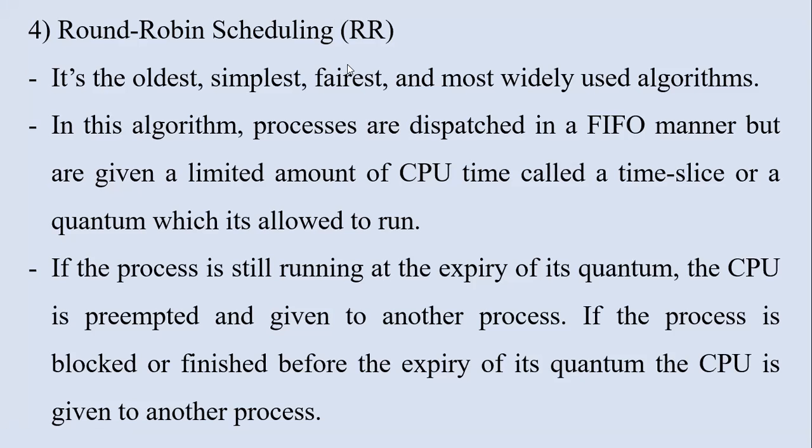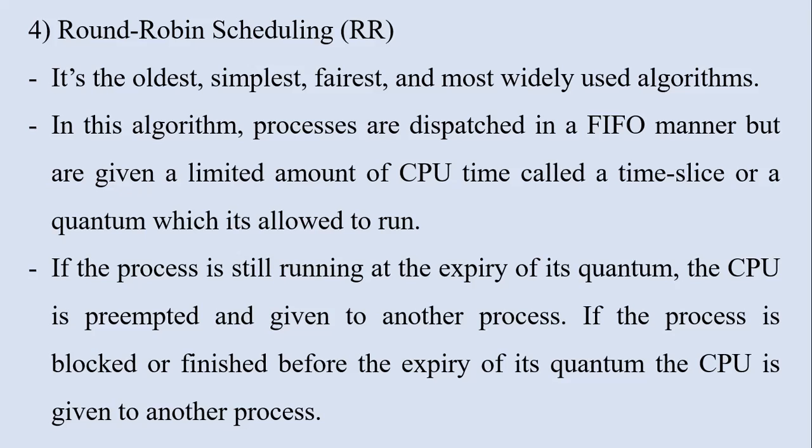The fourth algorithm is called the round-robin scheduling algorithm. It is the oldest, simplest, fairest, and most widely used algorithm. In this algorithm, processes are dispatched in a FIFO manner, but are given a limited amount of CPU time that is called a time slice or a quantum, which it is allowed to run.